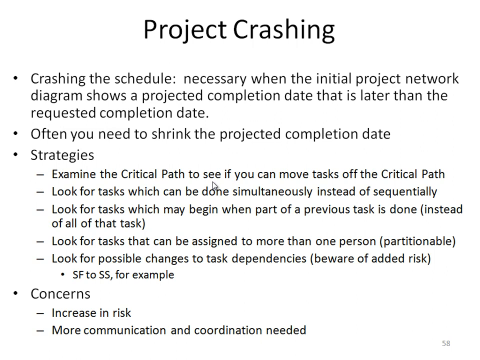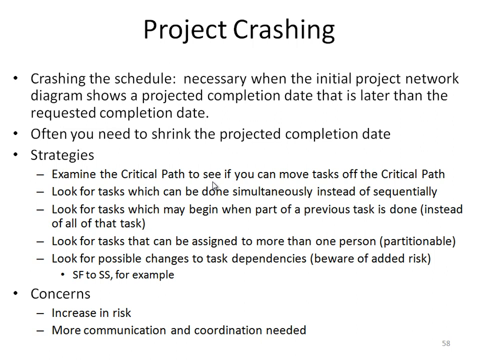If some of these tasks can be removed or moved to another place, then maybe we can start it in parallel, or we can handle it in a different way to crash the critical path or the project schedule. We also need to look for tasks which can be done simultaneously or in parallel instead of sequentially.